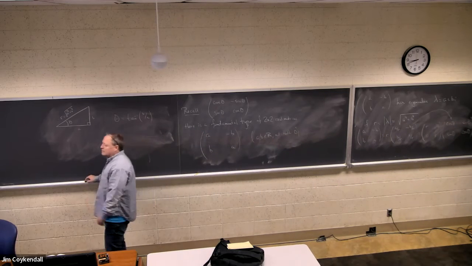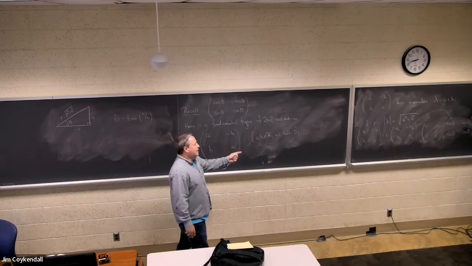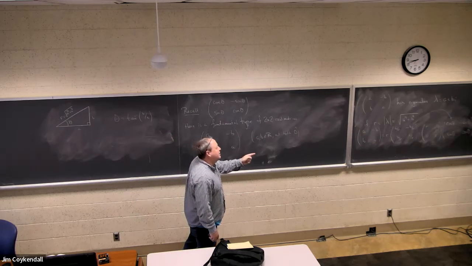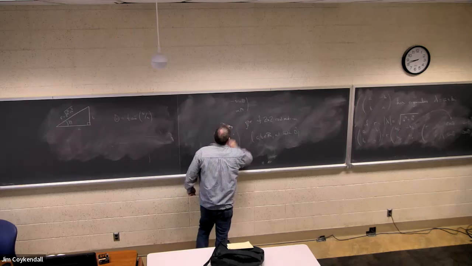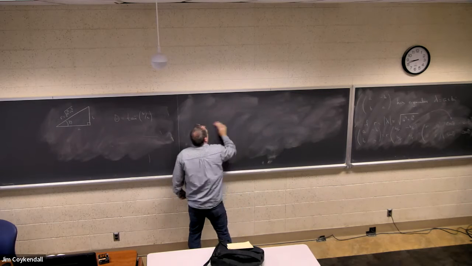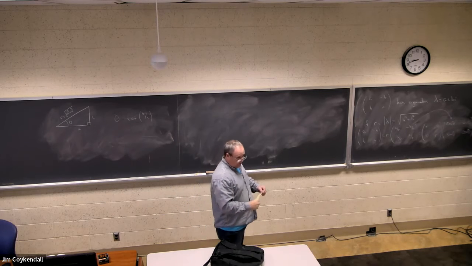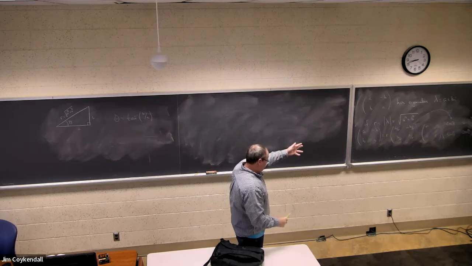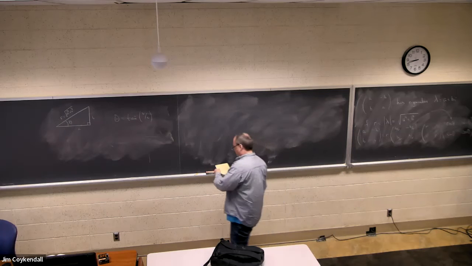Now, why is this fundamental type important? Well, because it's a rotation and then a stretch, but also because if you have a matrix with non-real complex conjugate eigenvalues, then it turns out that you can make it similar to a matrix that looks like this. So let me give you this theorem.